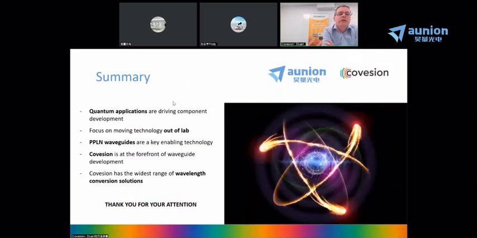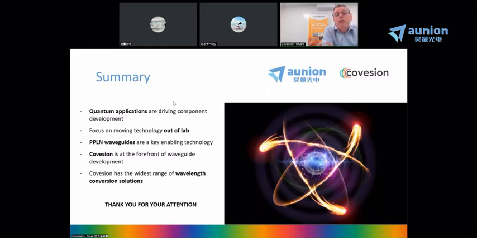So I'll just finish with a quick summary. What I hope I've shown you there is how quantum applications and quantum technology are driving the solutions that we're developing at Covesion, and how they've driven our waveguide development and how they've driven our packaged waveguide development.